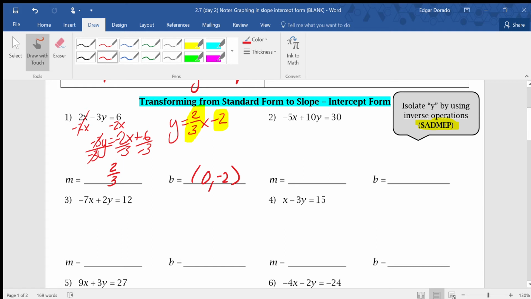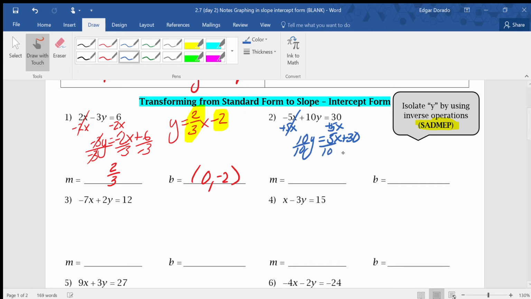Okay, let's go ahead and do the same thing for number 2. So let's isolate the y, so let's get rid of that negative 5x here. Those go away. You get 10y equals 5x plus 30. Okay, now once again, I want to get rid of that 10.